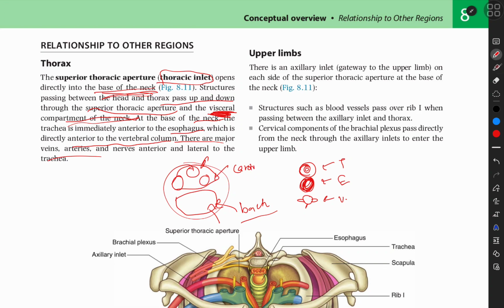So this is the carotid sheath, the carotid compartment, and these are lateral to the trachea, anterior and lateral. This is the vertebra and all the muscles. This is the esophagus, this is the trachea. This relationship is shown here: anterior and lateral.